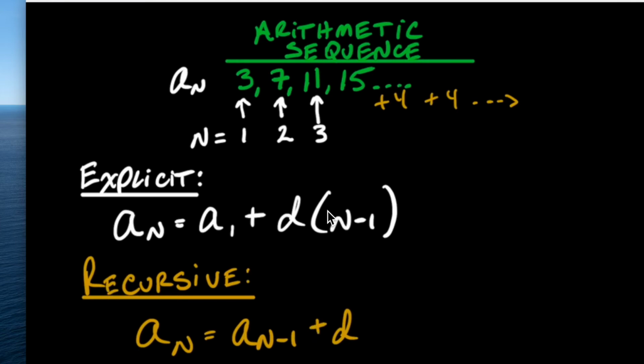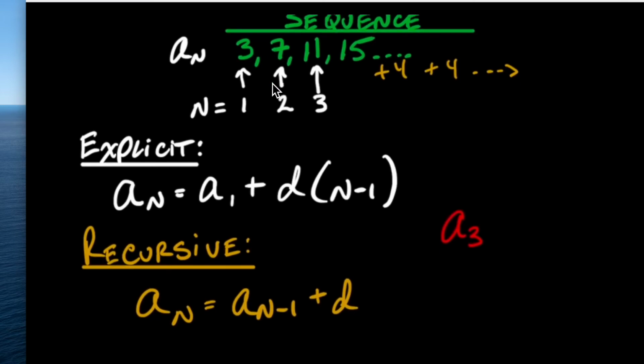Because look, if we want to find a sub 3, meaning we want to find the value at position 3, what do we do? We take the value at the position one to the left of it, position 2. What's that value?